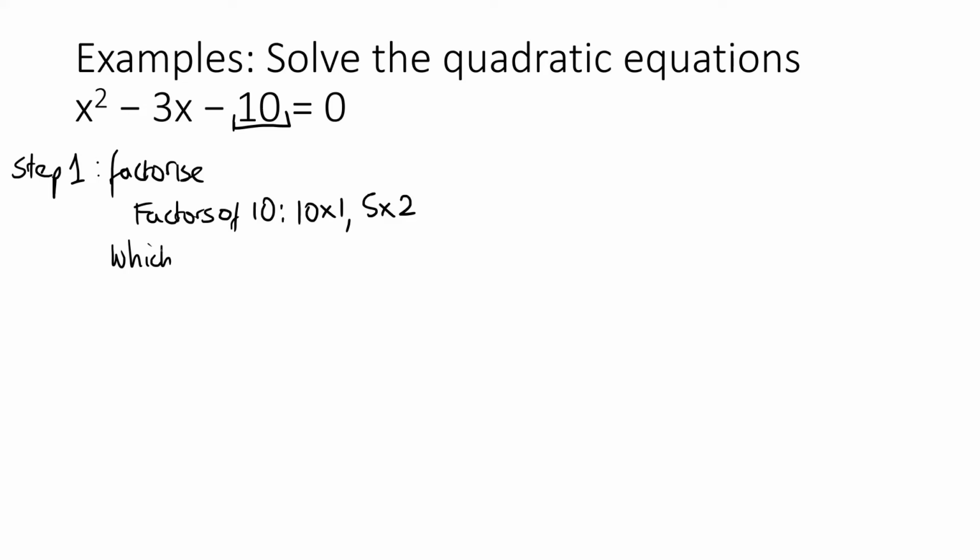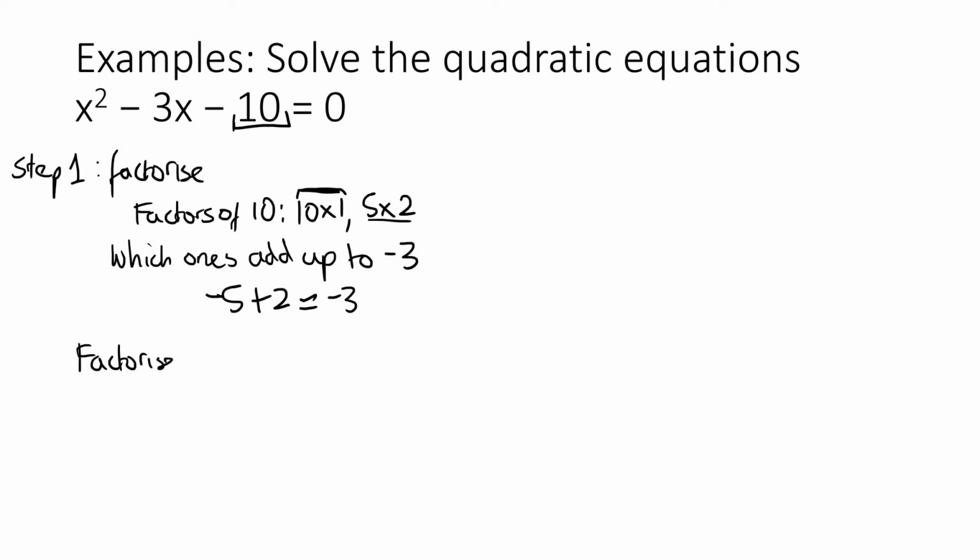Which ones add up to minus 3? So 10 and 1 would never make minus 3. 5 and 2 can make the number 3. So do you add or minus them? To get minus 3, you start with minus 5. And then if you add 2, you end up getting minus 3.